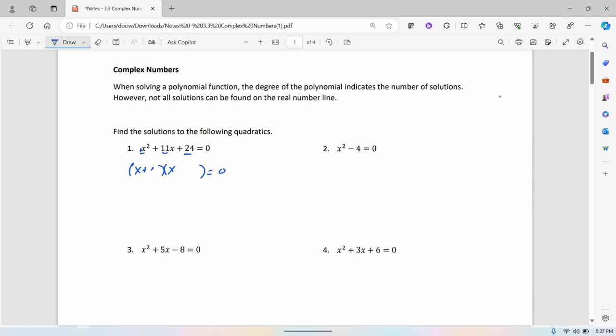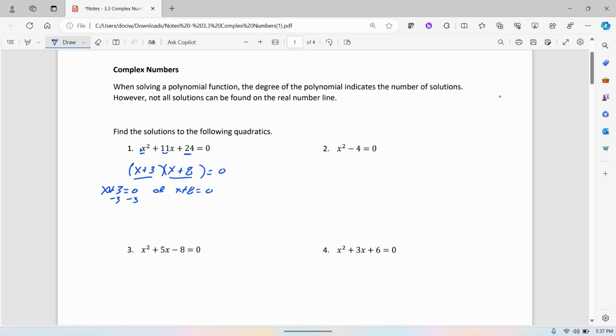So I'm going to write x plus 3, and we have x plus 8. Whether you write x plus 3, x plus 8 or x plus 8, x plus 3 doesn't matter. Then, if you recall, since x plus 3 times x plus 8 equals 0, either the x plus 3 equals 0 or the x plus 8 equals 0.